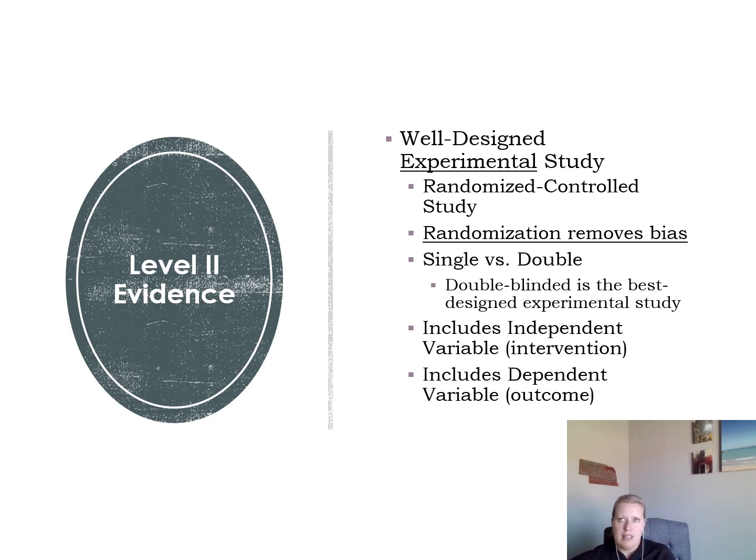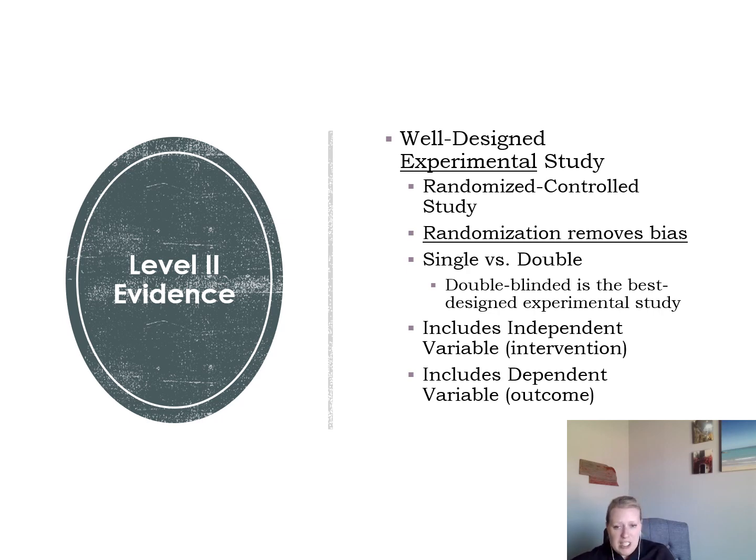For example, the exercise intervention group, you're going to know if they got the exercise intervention. They're going to know if they got the exercise intervention, and they're going to know if they just got the education. So rarely do you have a double-blinded design, but that is the ideal, so that there's absolutely no bias.